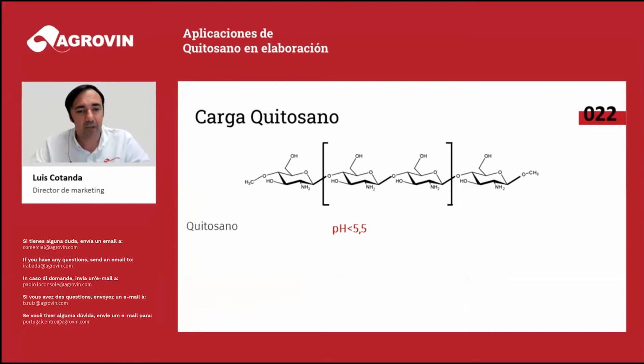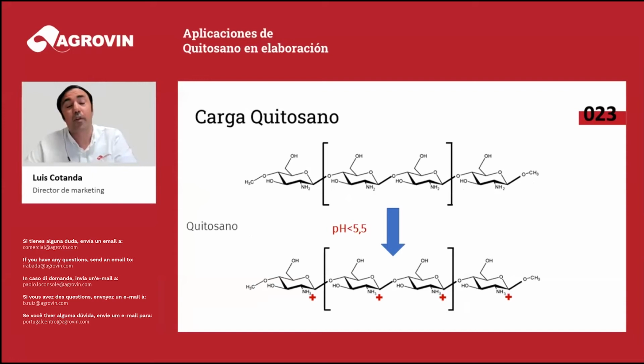Why is it interesting to have the amino group in the terminal position? Because when the wine has a pH lower than 5.5, the charge will be a positive one. It will take one proton and it will have a positive charge.